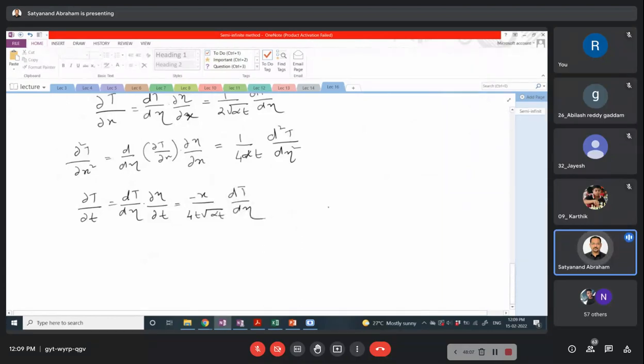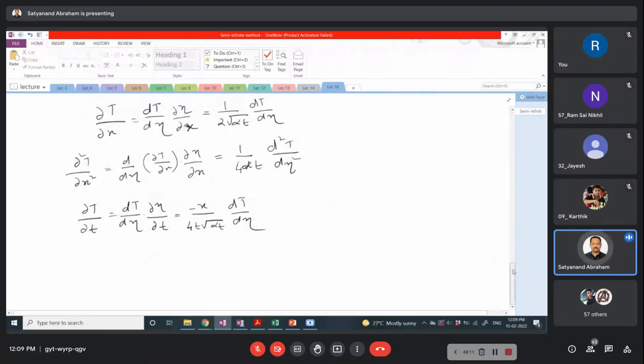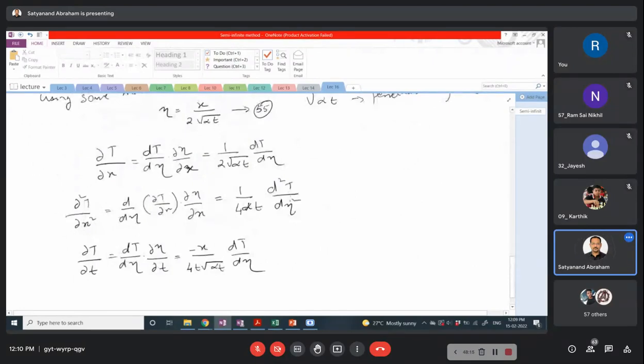Now you can see that we have converted ∂²T/∂x² in terms of η, and also ∂T/∂t in terms of dT/dη. That's how we convert our partial differential equation into an ordinary differential equation using this similarity technique, self-similar technique or similarity transformation.